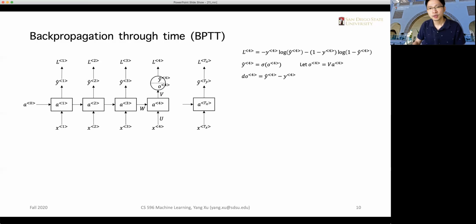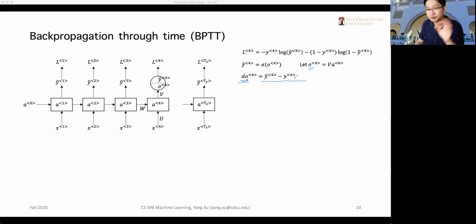So the logistic regression rules tell us the gradients for dO, okay, so this O you can imagine as Z. This O is just the Z, it's just a linear combination. So in the review of the previous lecture, we reviewed softmax functions.